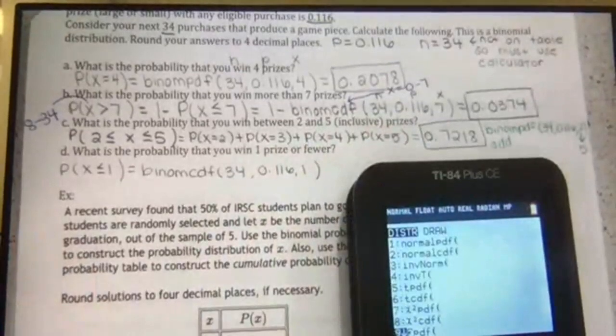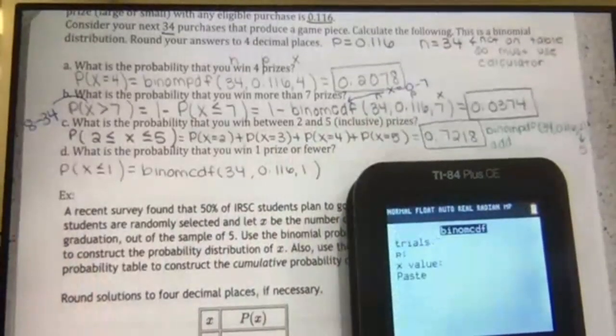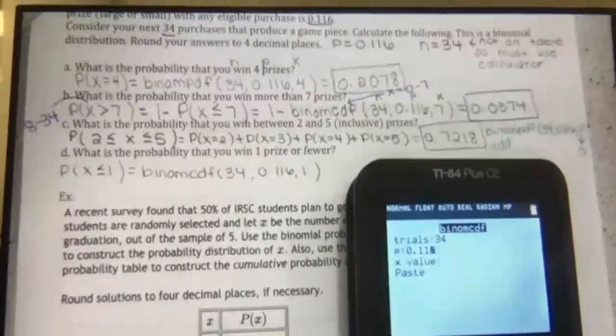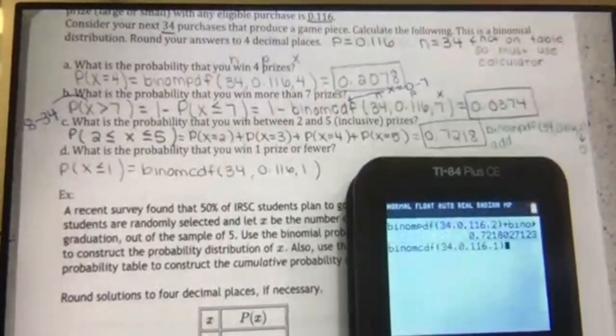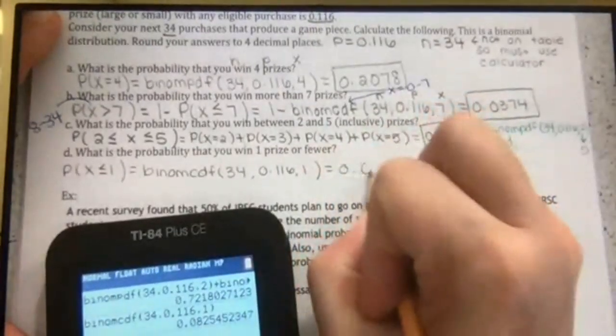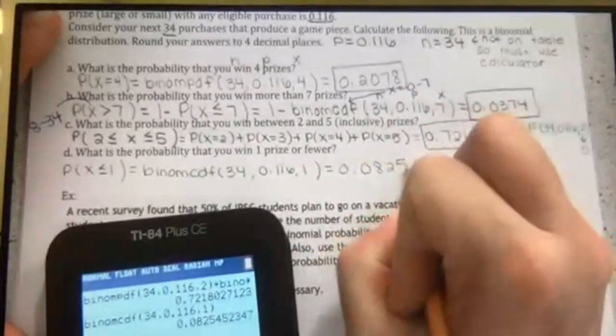Second bars, binom CDF. It's 1 or less. 34 trials, P is 0.116, and our X value is 1. There's our answer, 0.0825.